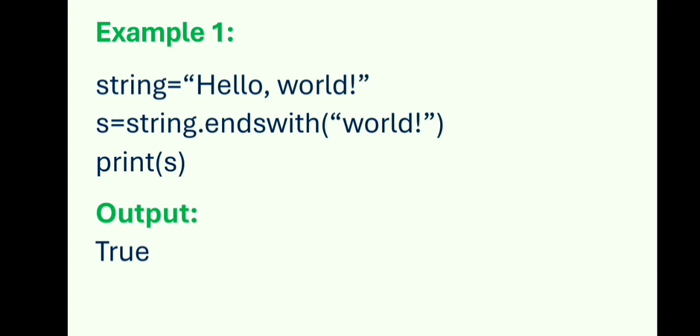In the following statement, we apply the string endswith method to this string by passing the substring "World!" as an argument and store the result in a variable s. Then the print statement print(s) prints the return value of endswith method. The output of this example is true because the string ends with the substring "World!".